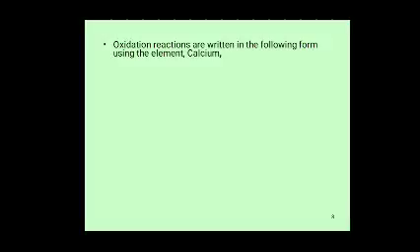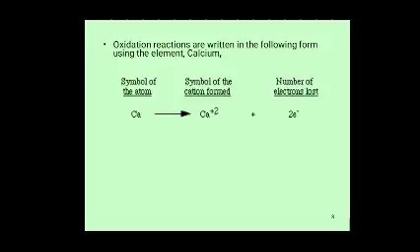Oxidation reactions are written in the following way, using the element calcium. How to see the oxidation reaction in calcium? The symbol of the atom calcium is Ca, atomic number 20.